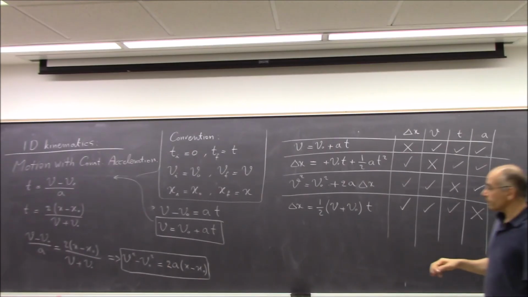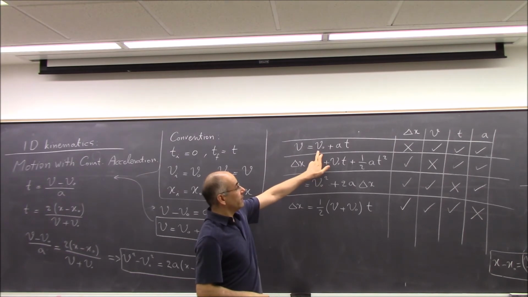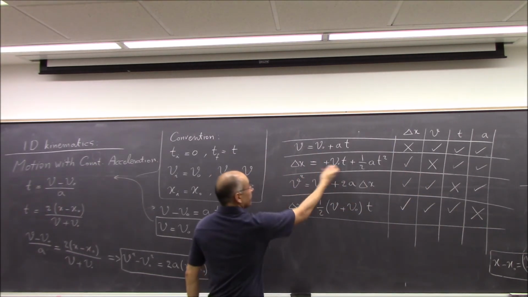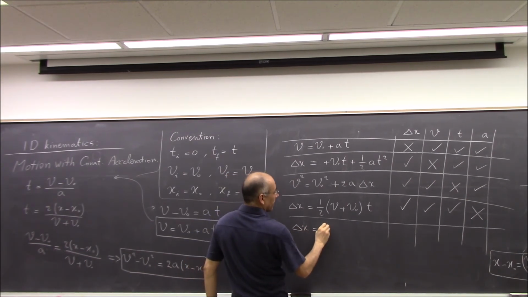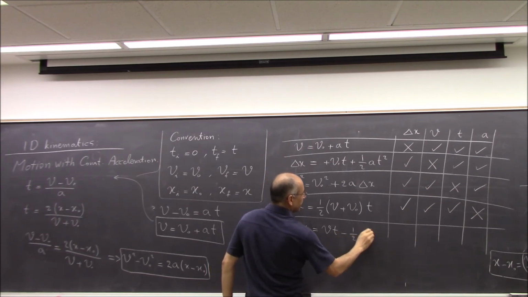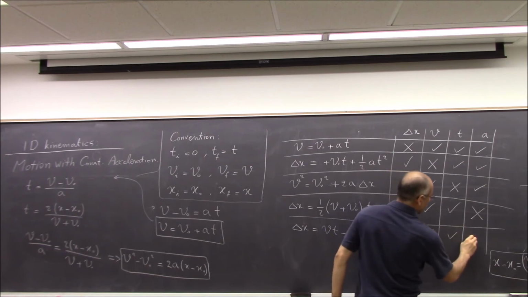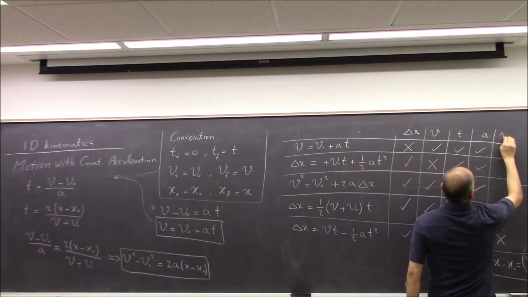Usually if you combine this and that, eliminate v naught, you get another equation, which is similar to this one: delta x is equal to vt minus 1/2 at squared. And it has everything except the initial velocity.